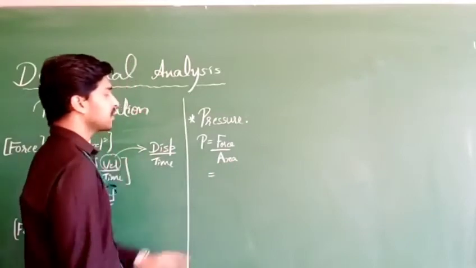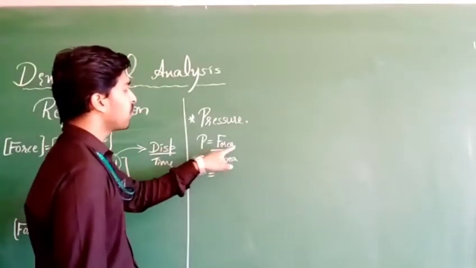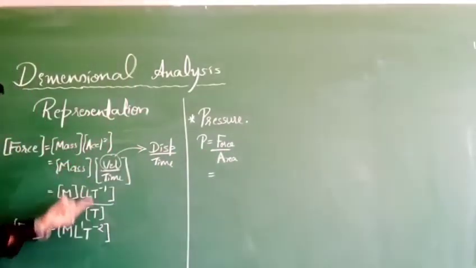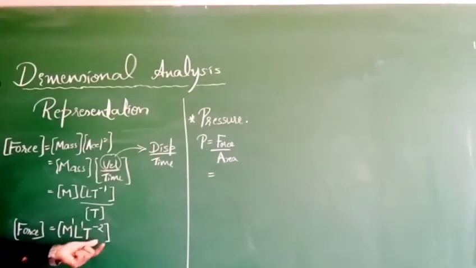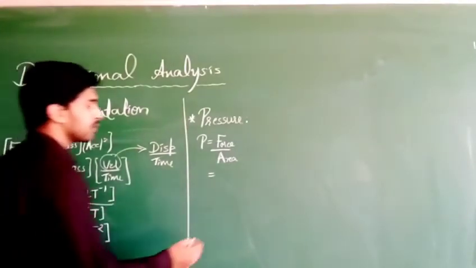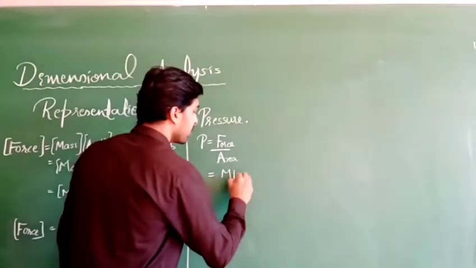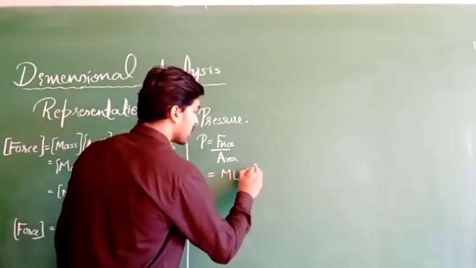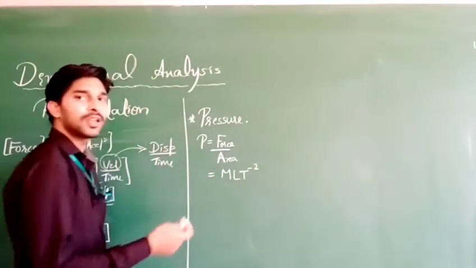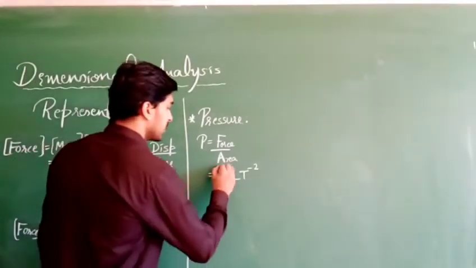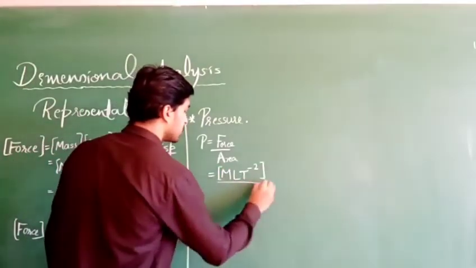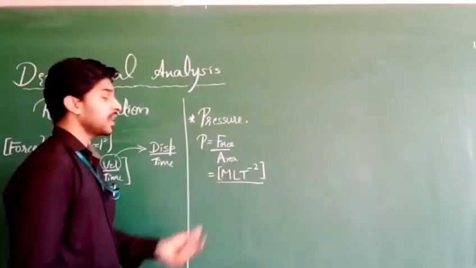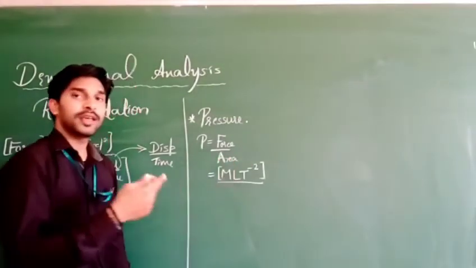Now just start the dimensional analysis. For force we already calculated: M1 L1 t power minus 2. Directly you can write M L t power minus 2. Now comes area. Area is nothing but what?